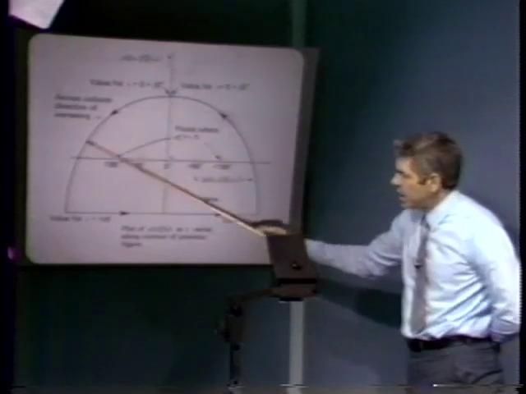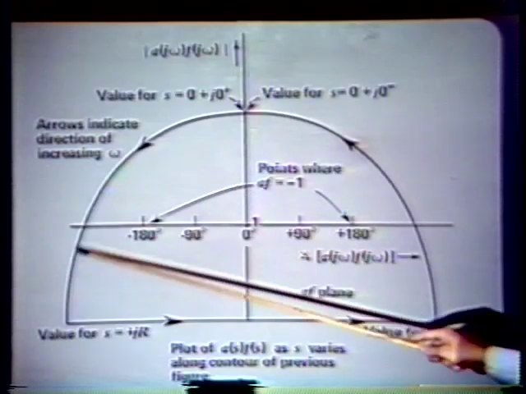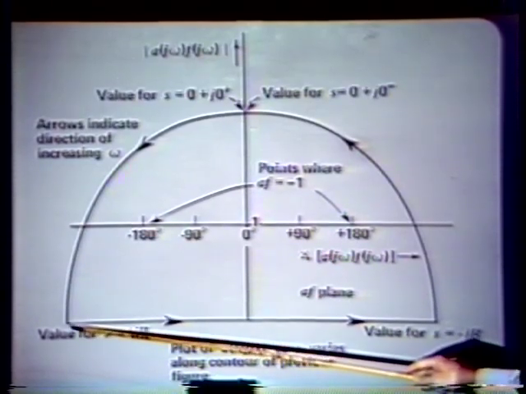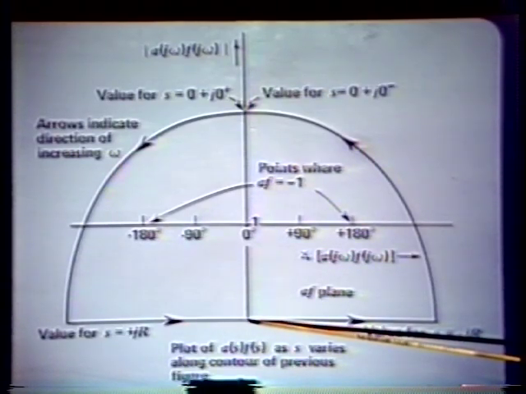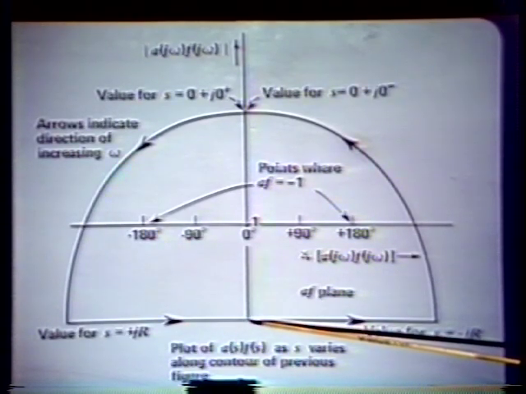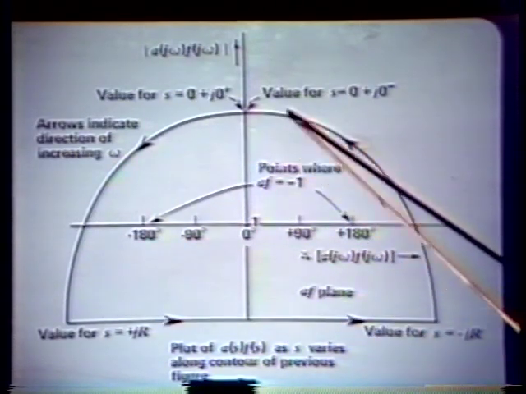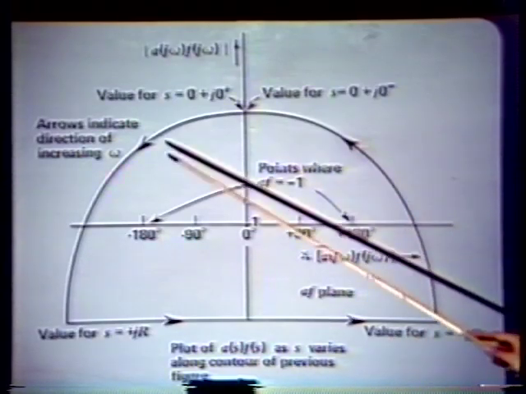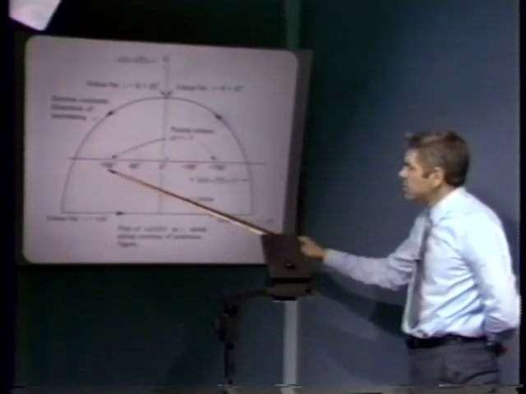In other words, once we've plotted the first half of the curve starting at S equals J0 plus, going out to S equals JR, and then continuing along a large semicircle back to a point that corresponds to the positive real axis at a radius r from the origin, the rest of the curve has to be a mirror image of this left-hand portion, reflecting the fact that the poles and zeros associated with the AF product have to occur in complex conjugate pairs. Well, here we see the -1 points.